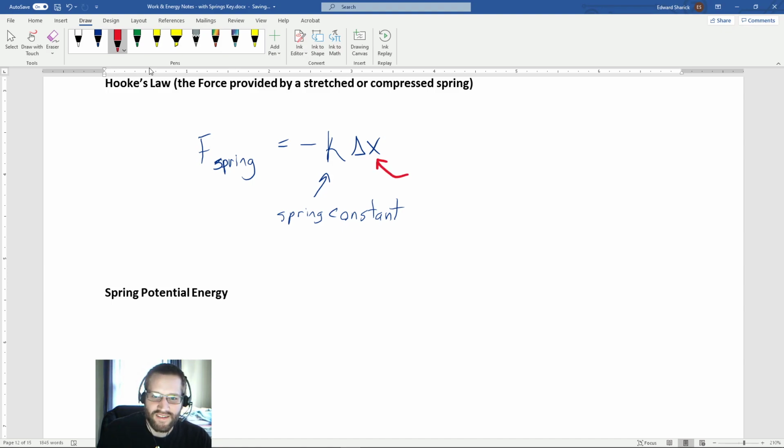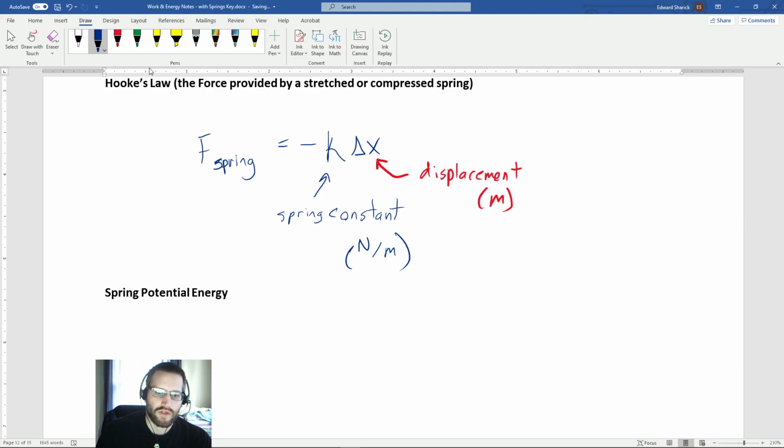And then here, this is our displacement. All right, so this was measured in meters, and our spring constant was measured in newtons per meter. So we have this little relationship here. They multiply together, and we get a force in newtons.